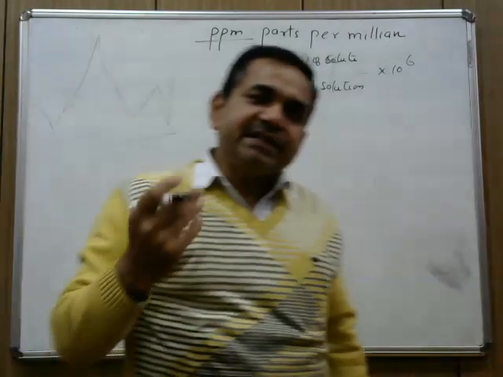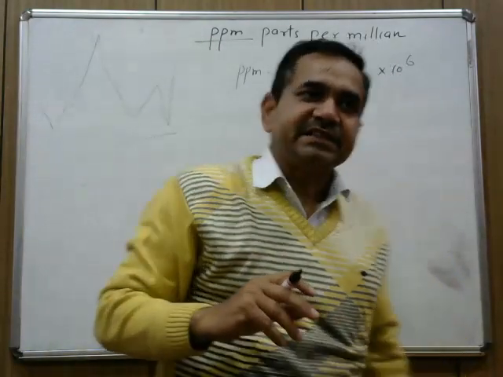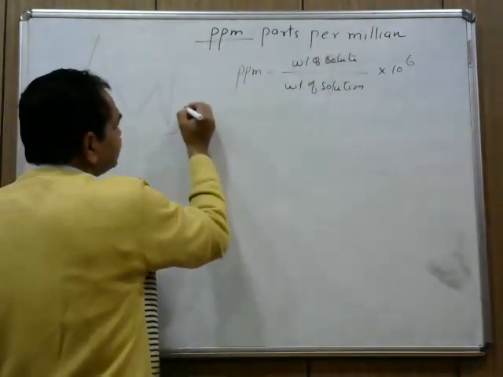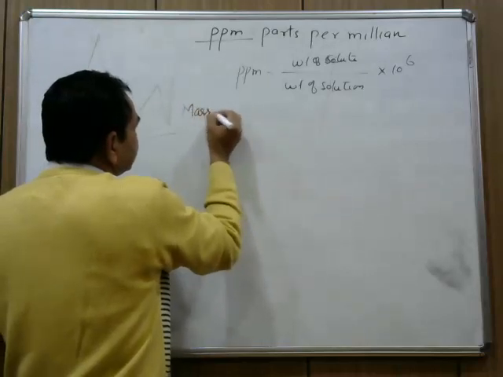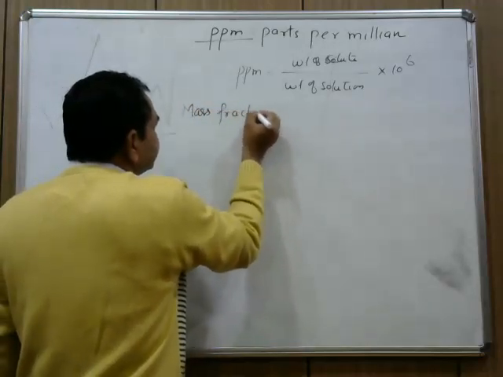Now the next unit that is used for expressing concentration is called mass fraction.